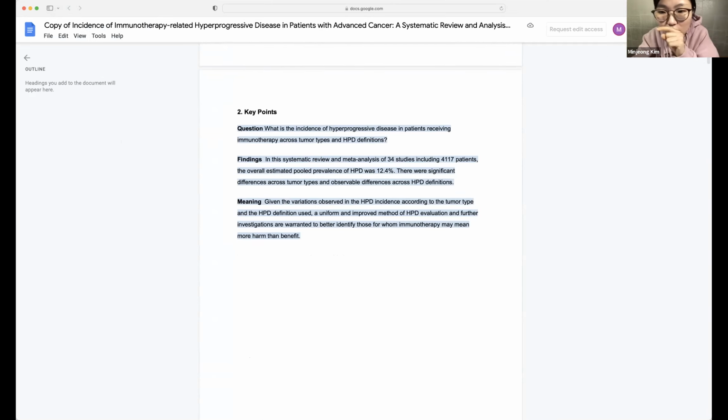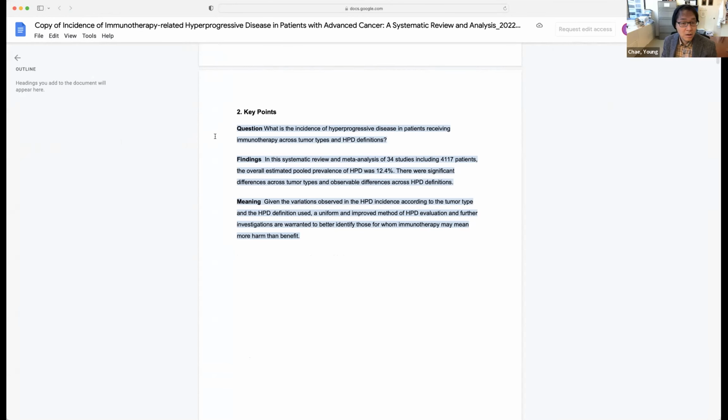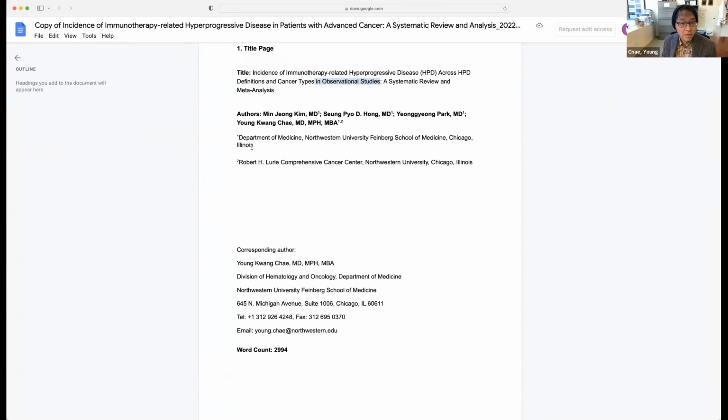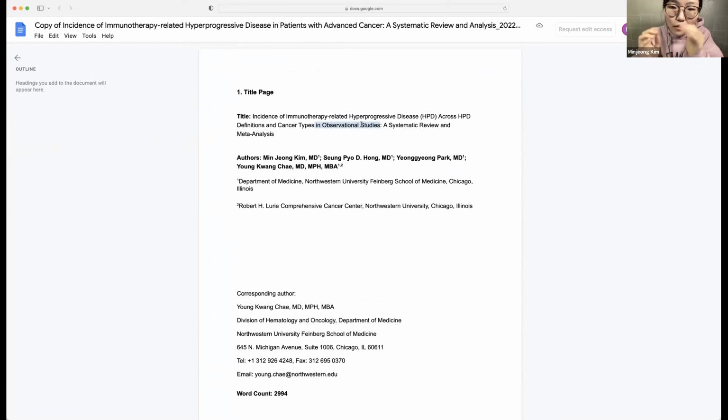So the first thing is the title. The reviewer had suggested including the term observational studies. This is the reviewer from our first submission. Which journal was it? It was JAMA Oncology. But they rejected, right?